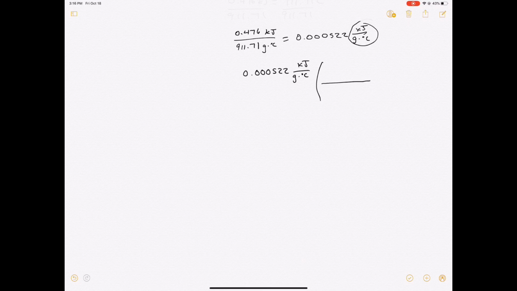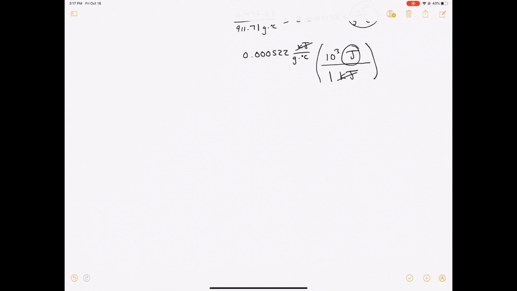The only thing we have to change is kilojoules, so we can leave the grams per degree Celsius alone. The conversion rate is 1 kilojoule equals 10 to the third joules. This cancels out kilojoules and leaves us with joules up top. After you do that conversion, you get 0.522 joules per gram times degrees Celsius. And that is our heat capacity, C.